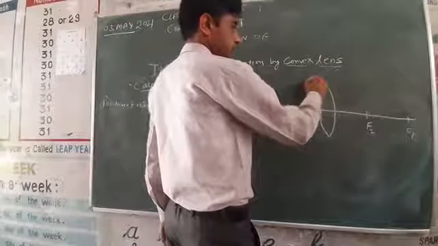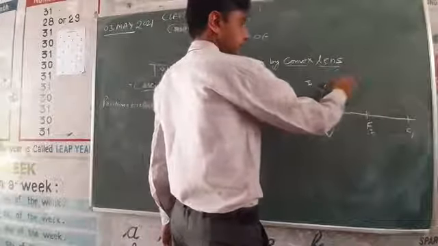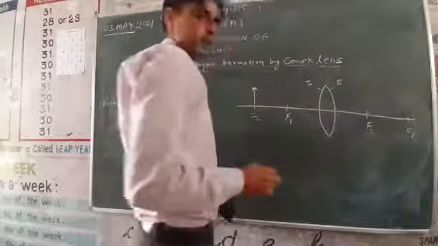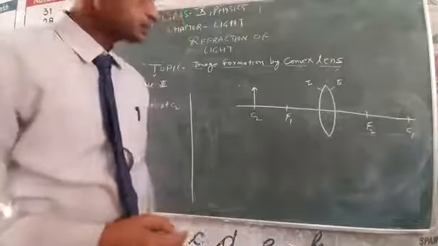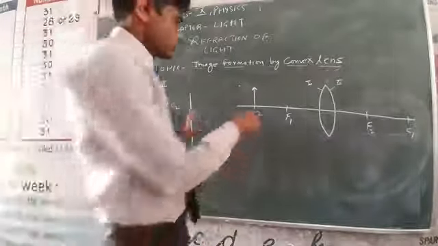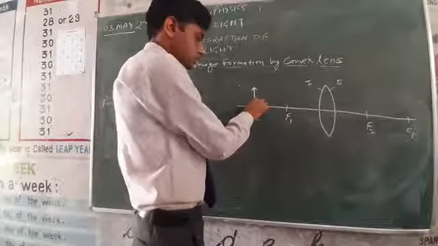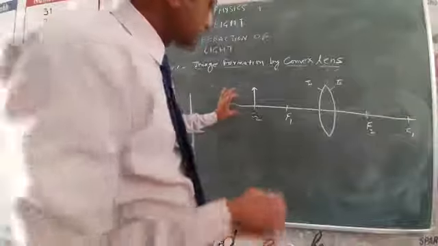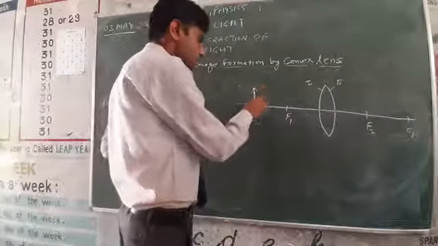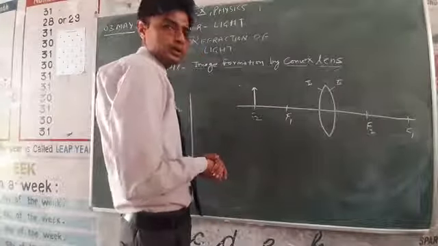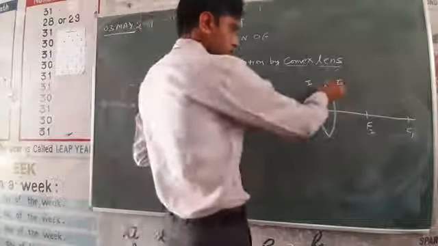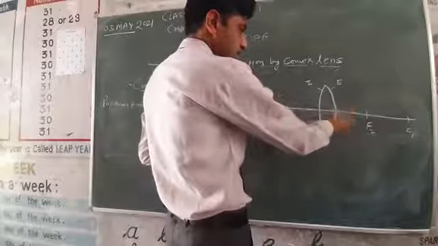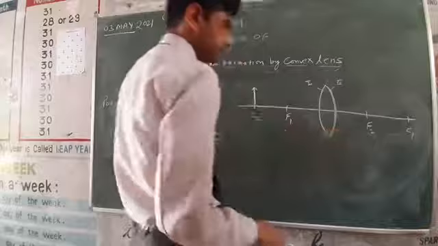This is the first surface of the lens, and this is the second surface of the lens. So in this case, the object is placed at C2, the second center of curvature.